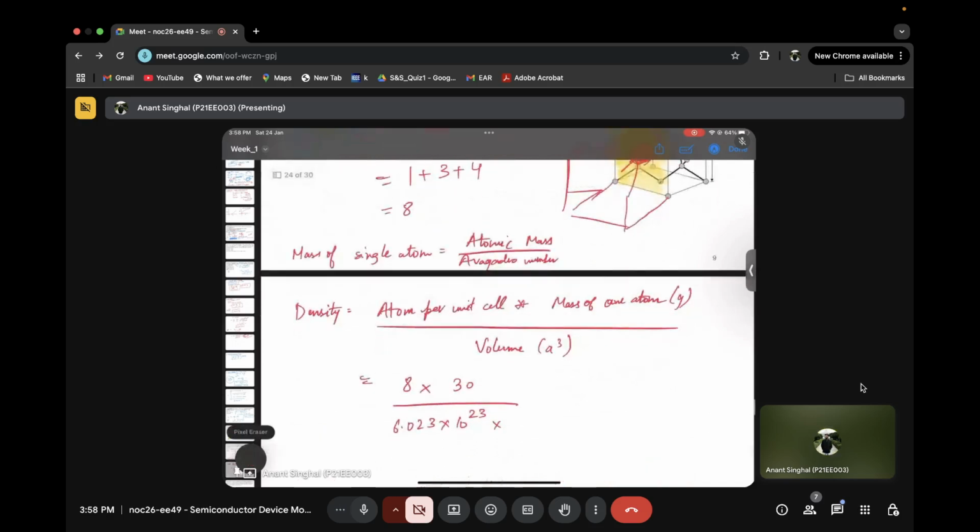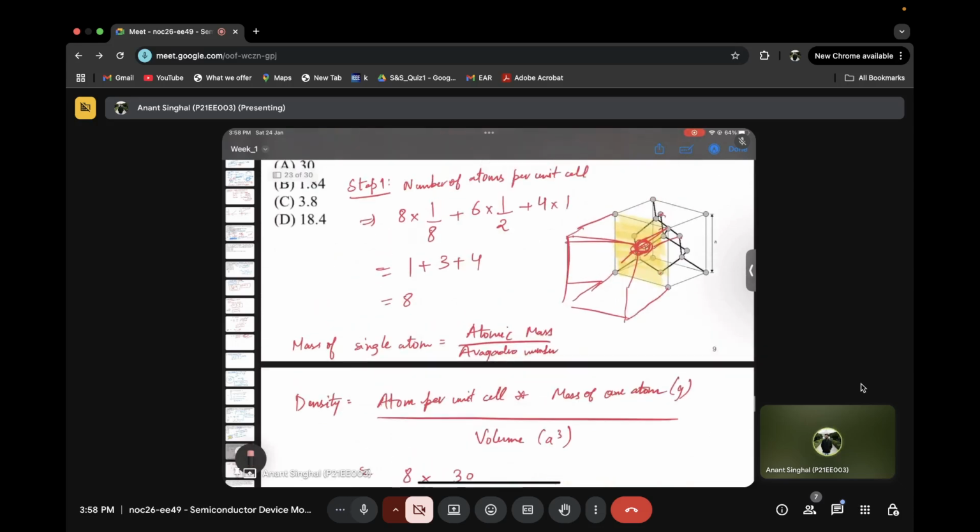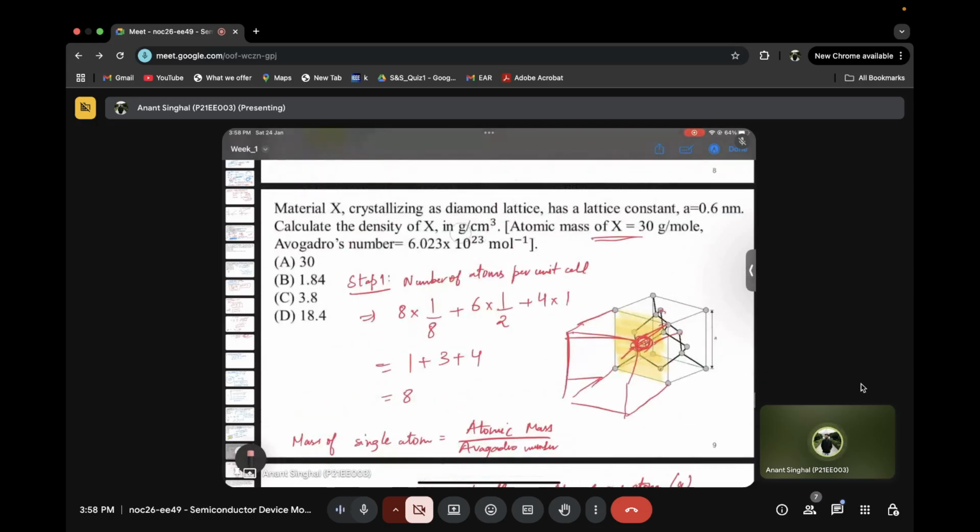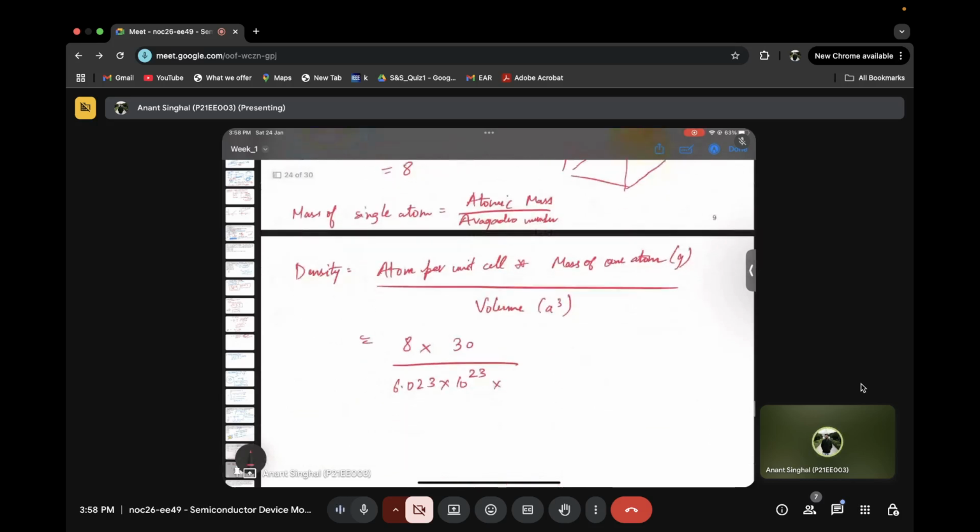So we need to see what density we are calculating in. The question has asked in centimeter cube. So 0.7 nanometer is nothing but 0.7 times 10 to the power minus 7 centimeter, right? So the cube of this will be the final number. So 0.6 times 10 to the power minus 7, cubed.